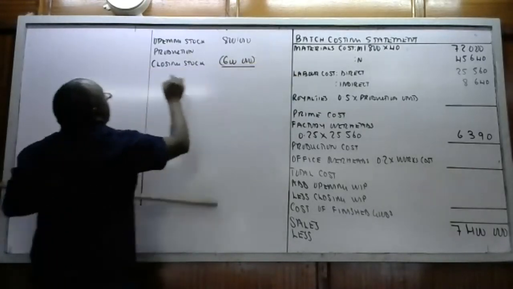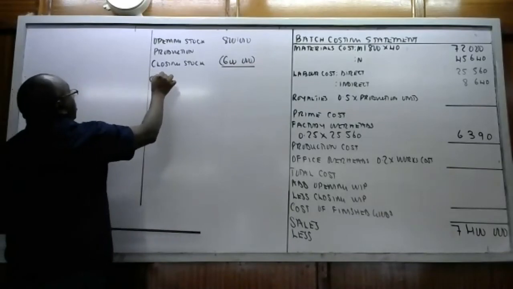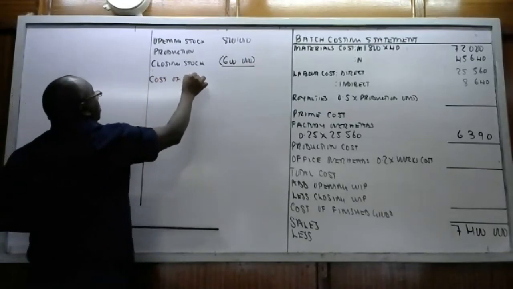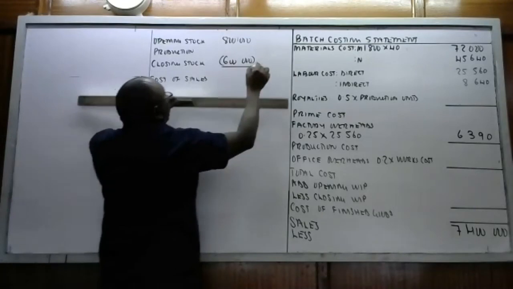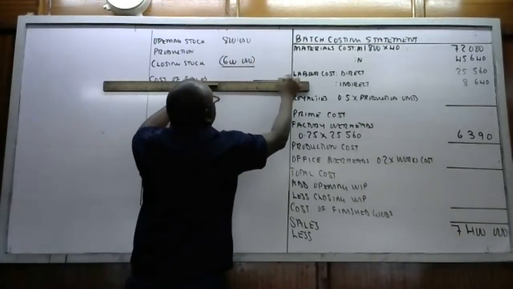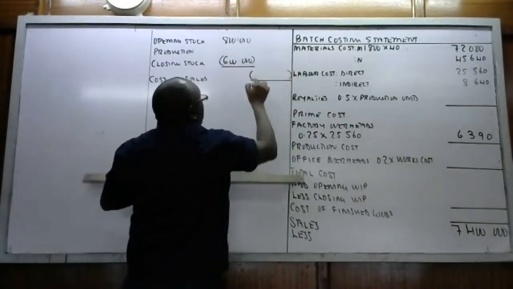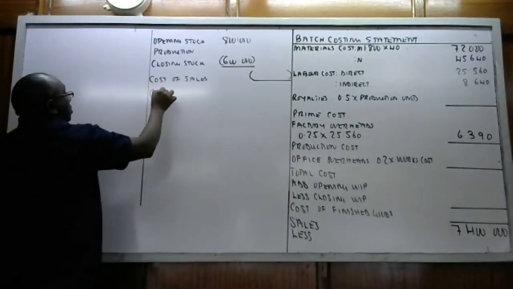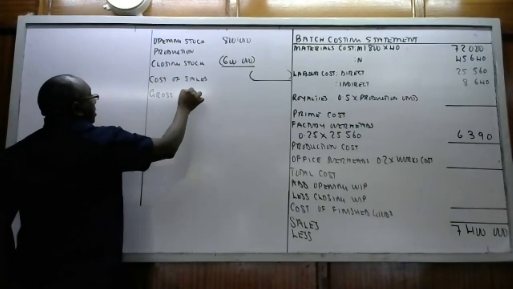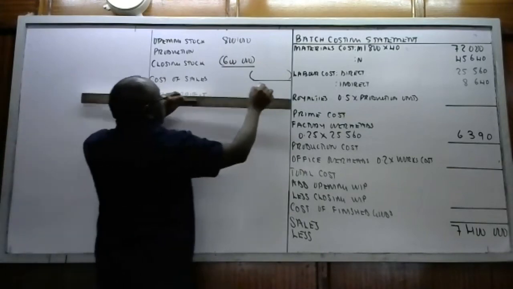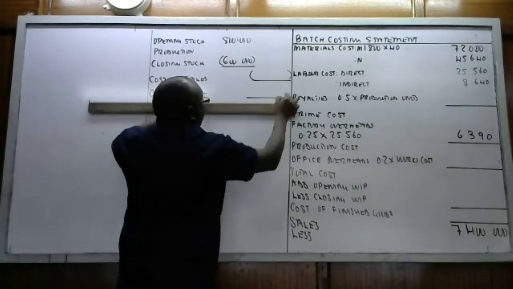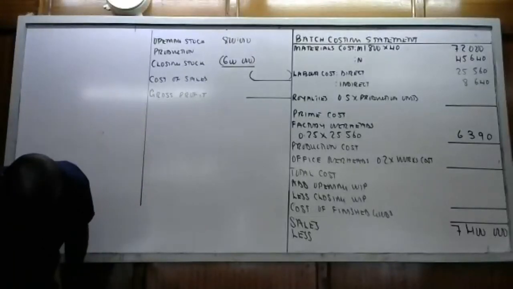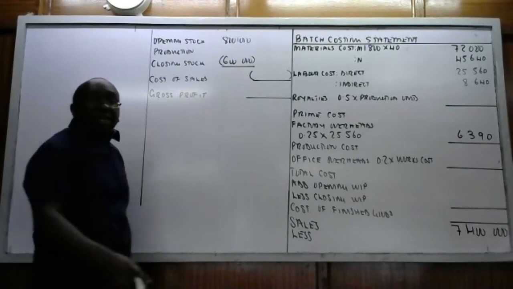Once you subtract, we get cost of sales. You subtract it from sales and that gives you gross profit. And we don't have anything else. So that is the profit that you are asking for.